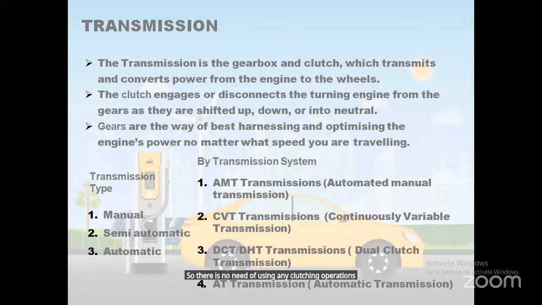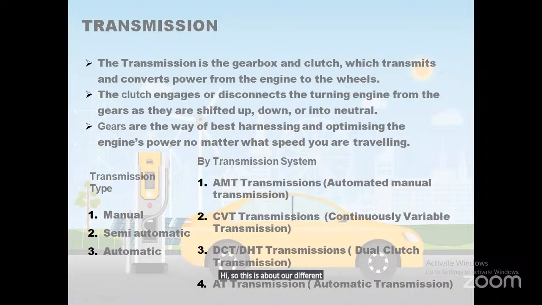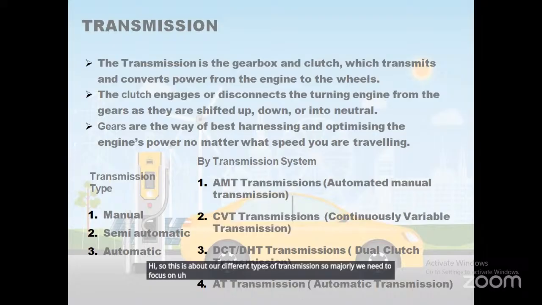The two clutches will be embedded into one automated clutch. Then we'll be having very smooth and quick operation, and the efficiency of this method is very, very high. So this is about our different types of transmission. Majorly we need to focus on the dual clutch transmission and automatic transmission in the case of our electric vehicles.